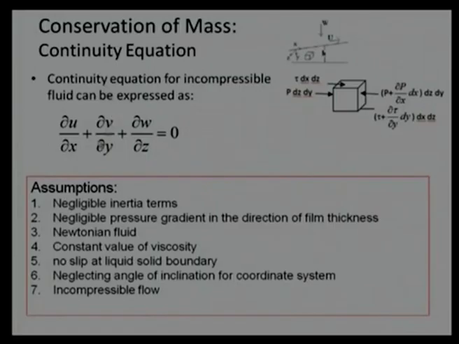However, we have made one assumption over here, that is the incompressible fluid. That is why we want to add this. Now, the assumption list is increasing. The first assumption was a negligible inertia term. The second was a Newtonian fluid with constant viscosity, no slip at the liquid-solid boundary, and neglecting the angle of inclination for the coordinate system.